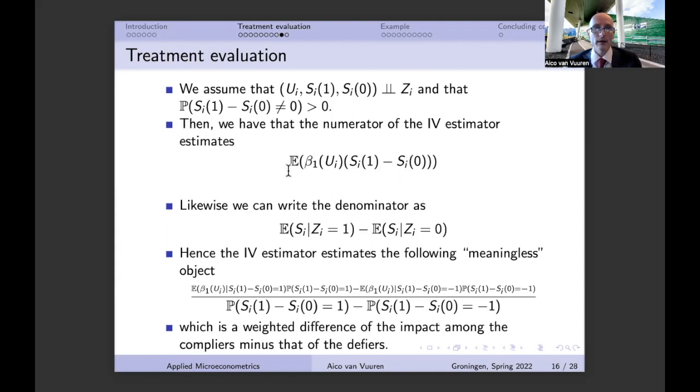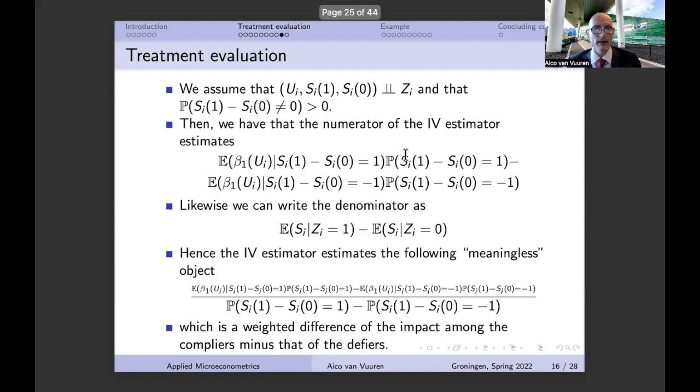So then we get the mean of beta 1 ui multiplied by 1, conditional on Si1 minus Si0 equal to 1, multiplied by the probability that Si1 minus Si0 is equal to 1, plus the mean of beta 1 ui, conditional on Si1 minus Si0 equal to minus 1, multiplied by this probability that we have over here.